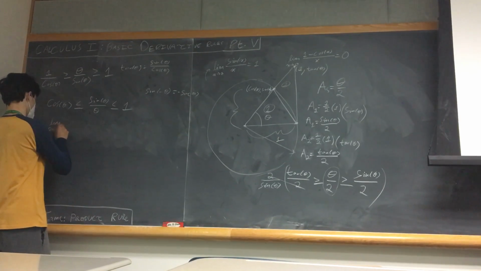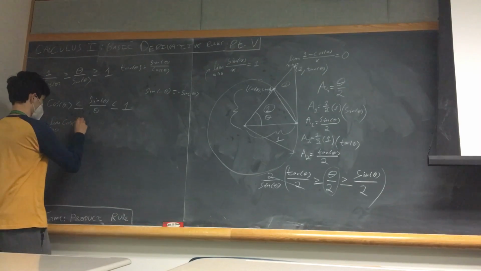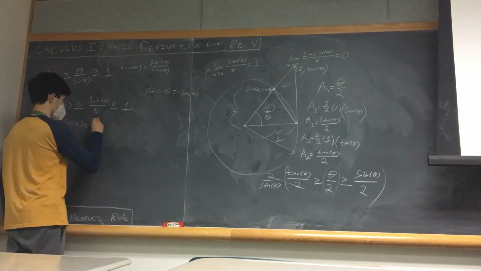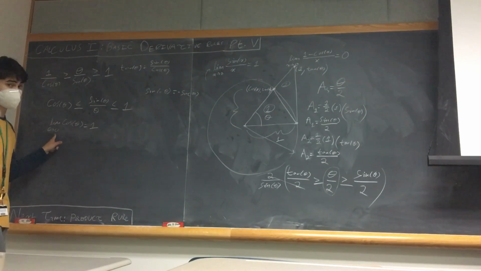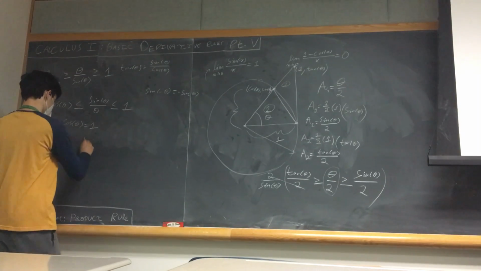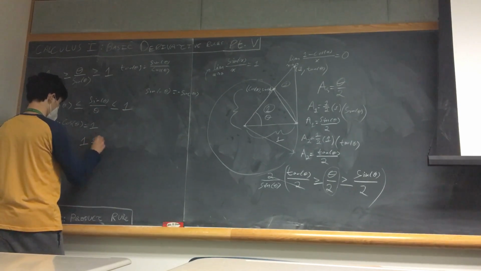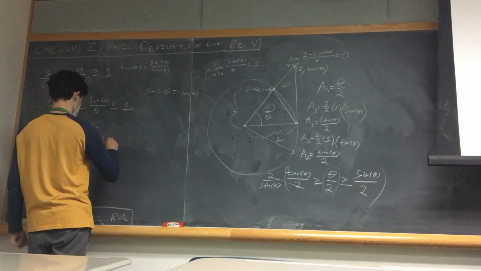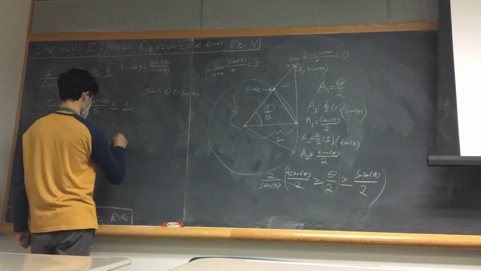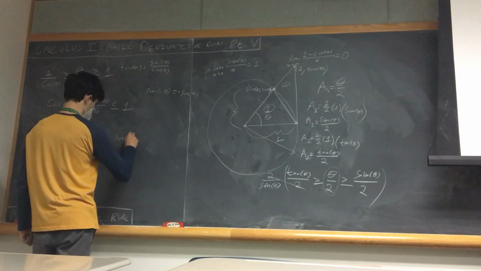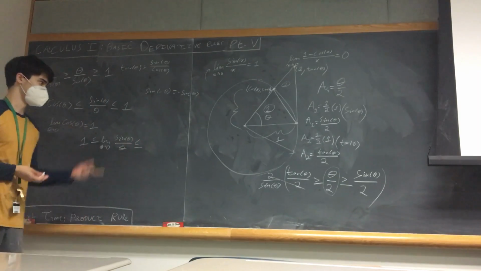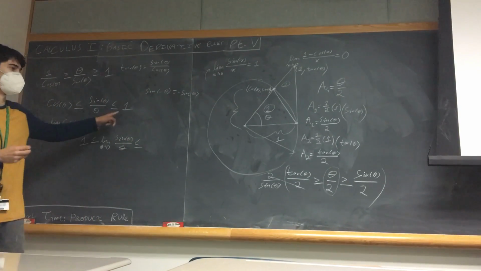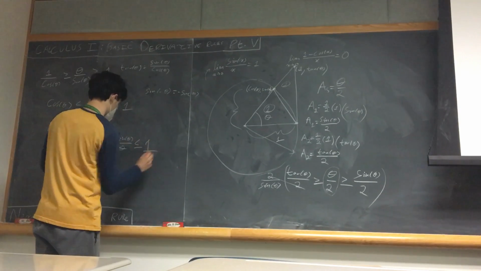So the limit as theta approaches 0 of cosine of theta is equal to, when we try direct substitution here, cosine of 0, which is equal to 1. So we see that 1 is less than or equal to the limit as theta approaches 0 of sine of theta over theta, which is less than or equal to the limit as theta approaches 0 of 1, which is just 1.